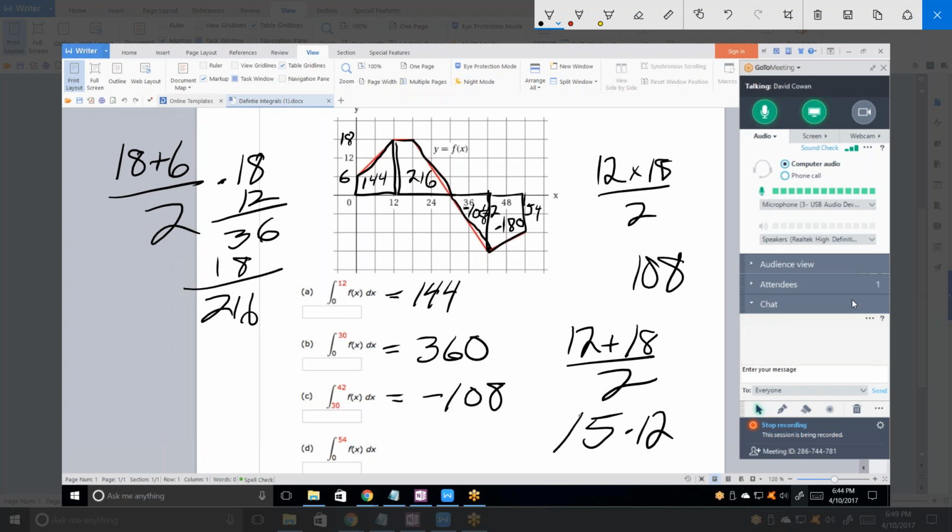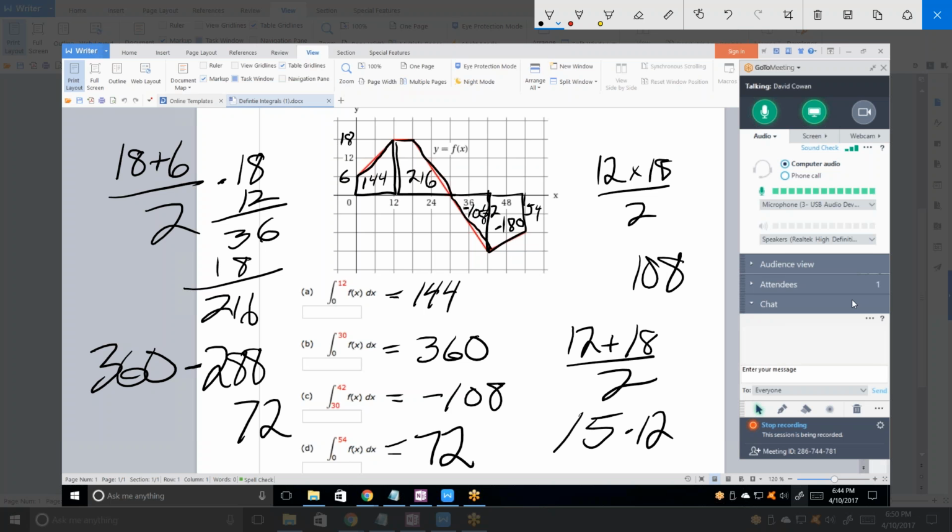So to get the total area from 0 to 54, I'm going to add these two positives and add it to these two negatives. Well, that gives me 360 minus 288, or a net 72. That's what the answer is, 72 square units.